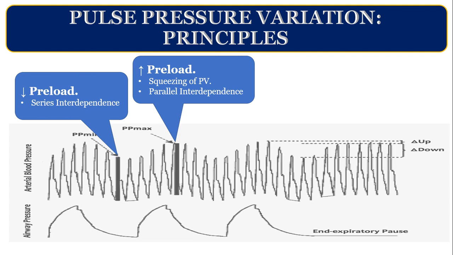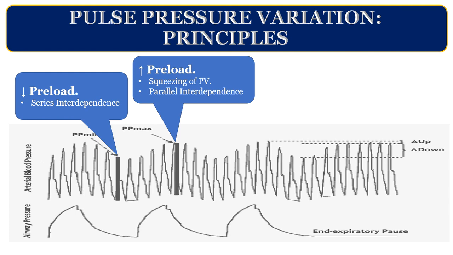So left ventricular preload is increased because of two reasons. One, because of the parallel interdependence, the LV cavity size is big. RV छोटा हो गया, LV बड़ा होना है. At the same time, the pulmonary veins are squeezed. So you get an increase in the left ventricular preload.